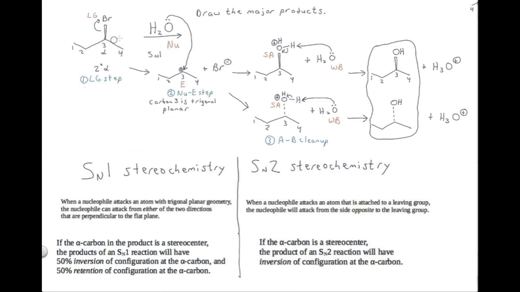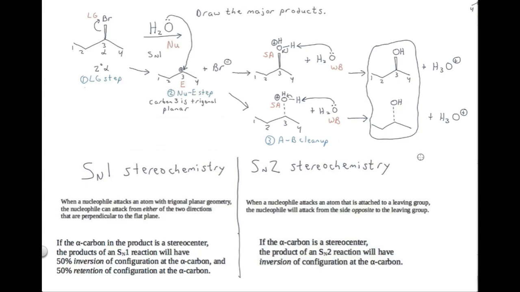Of all those times that the water is going to be attacking this starting material, about 50% of those attacks will end up with retention of configuration, and about 50% will end up with inversion of configuration. So you will get a mixture of products, where about 50% have retention of configuration and about 50% have inversion of configuration.